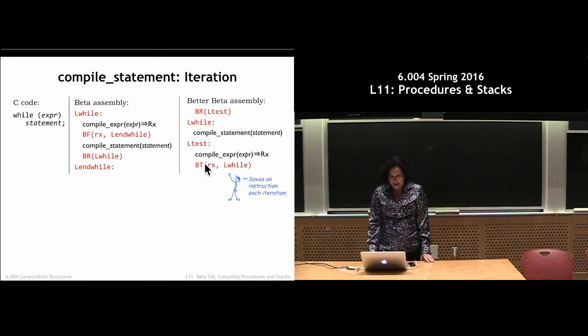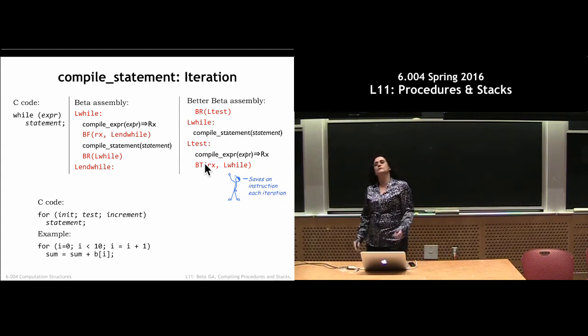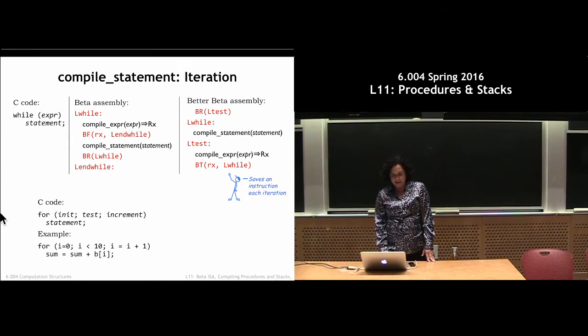Okay? And then the last one here is a for loop, which is very similar to a while in that you're doing iteration. And so essentially what this translates into is it says you're going to initialize your variable to whatever it says over here, then you're going to repeat the loop as long as this expression is true, and this is going to be how you increment your variable in order to eventually end this loop.